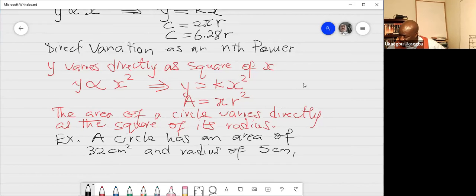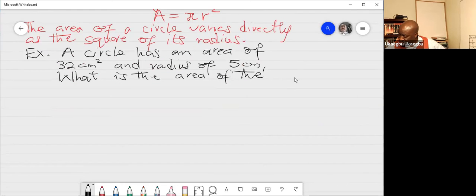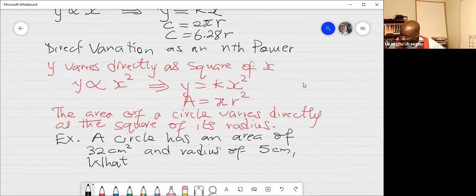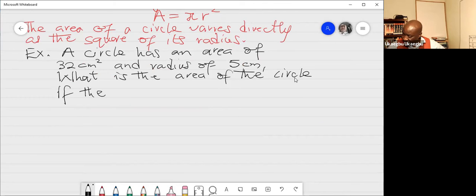The question is: what is the area of the circle if the radius is 9 centimeters? Okay, so this is a classical question.